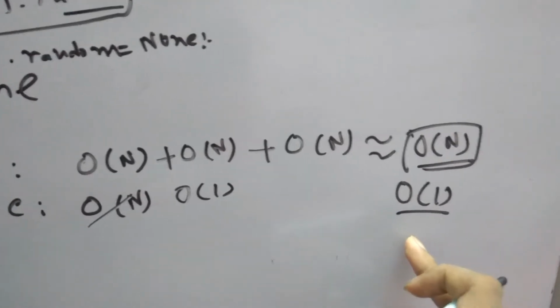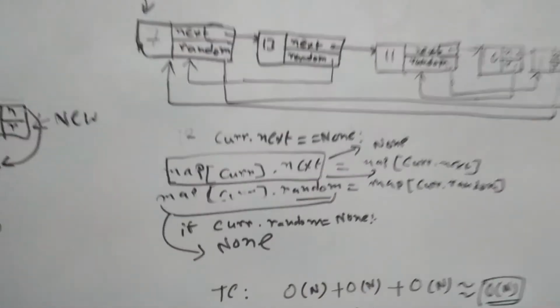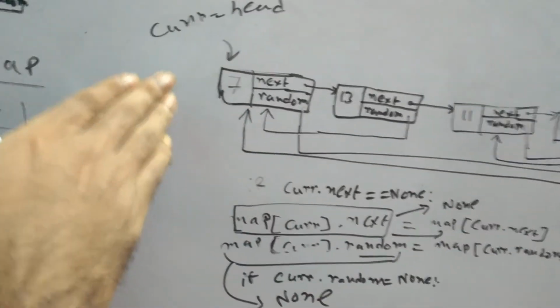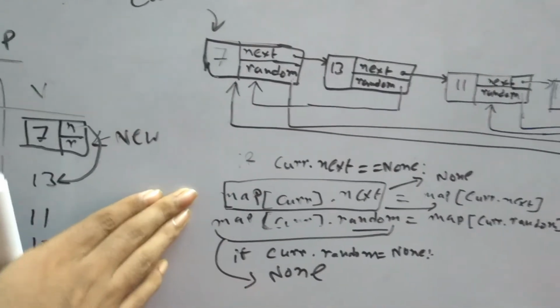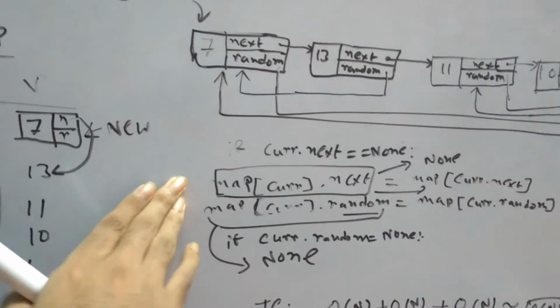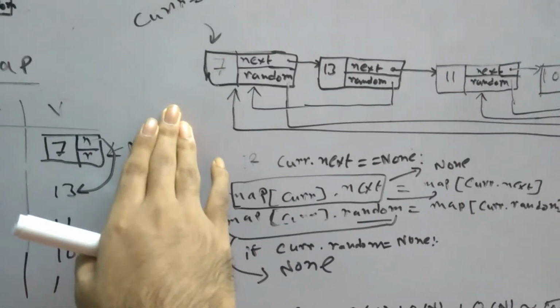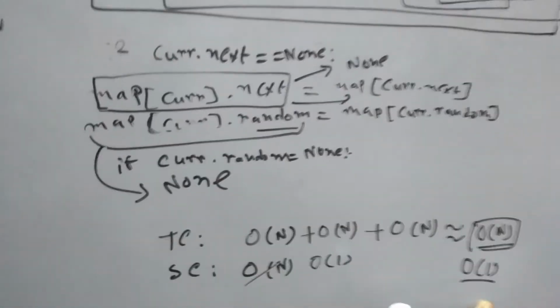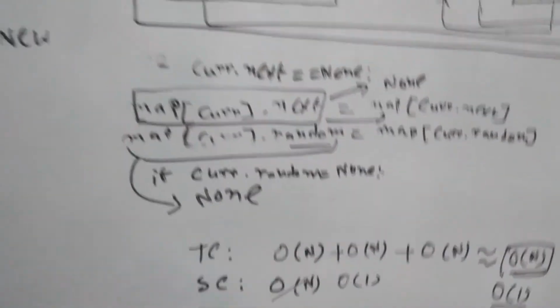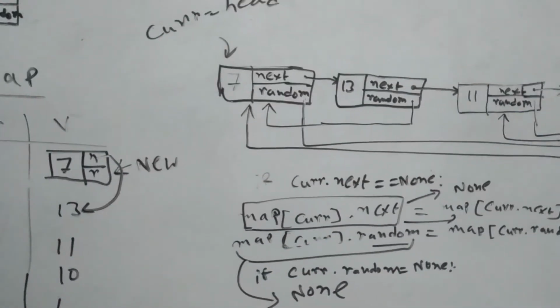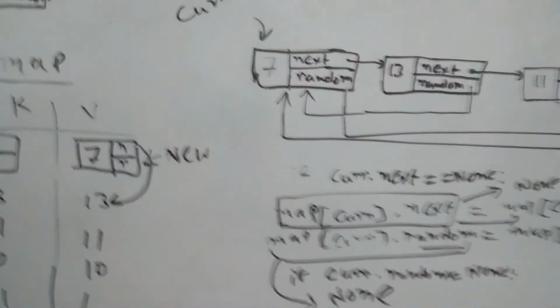Now I will be discussing this better approach. In the code editor, first I will show you the code of this solution where we use a map. Then I will again come to the whiteboard and explain how to solve it using constant space. So let's go to the code editor and see how to code this.